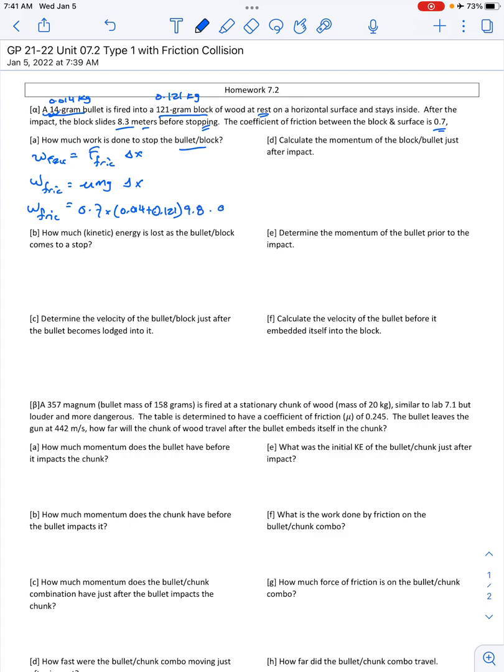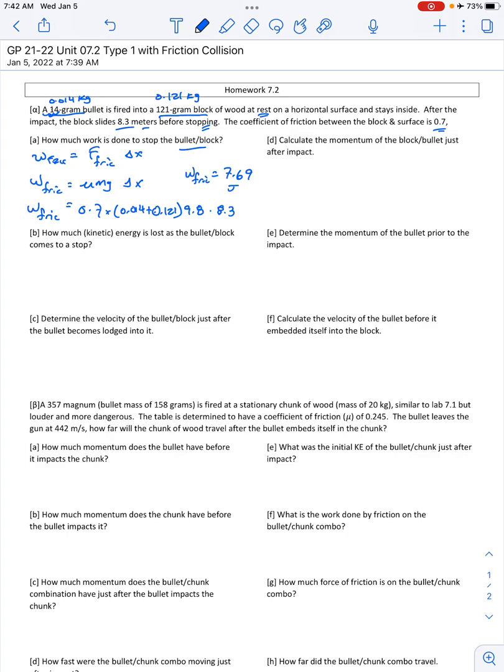And then the distance it travels is 8.3 meters. So multiply all those together, 0.7 times 0.014 plus 0.121 times 9.8 times 8.3. Our work from friction here is going to be 7.69 joules.